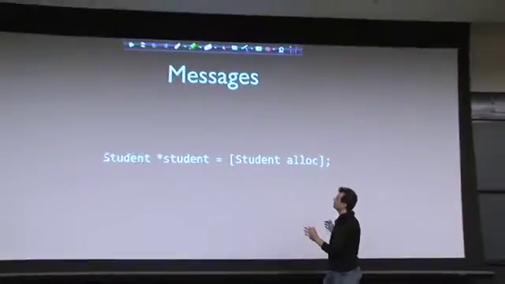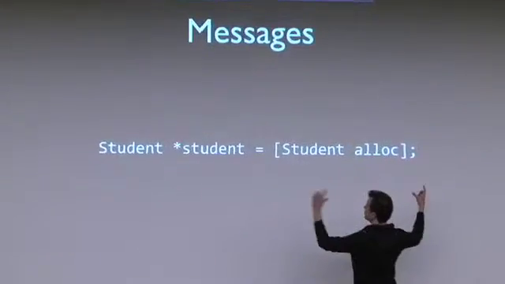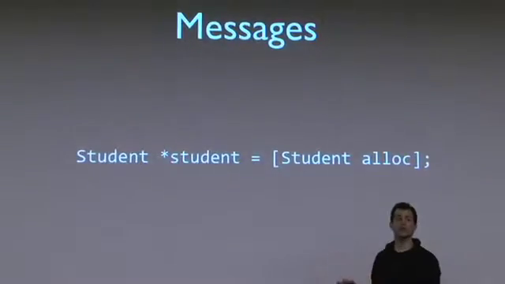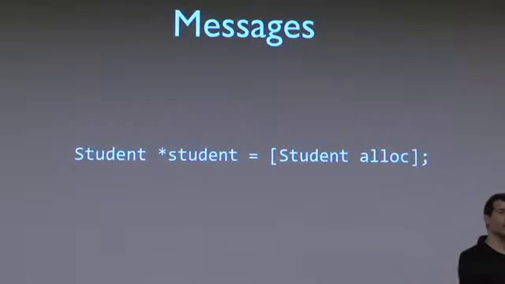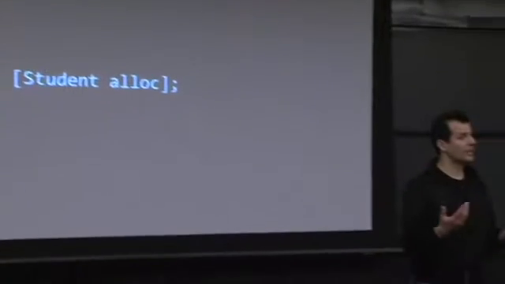So the most different thing about Objective-C that we'll see tonight is how you call methods. Whereas in Java you would typically say something like student.alloc to call a method called alloc associated with the student class, the syntax in Objective-C, as we presented in the first lecture this semester, is to use square bracket notation and to pass a message, as it's called, to an object in hopes that that object responds to that message.